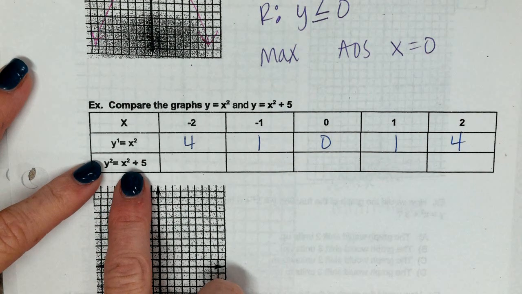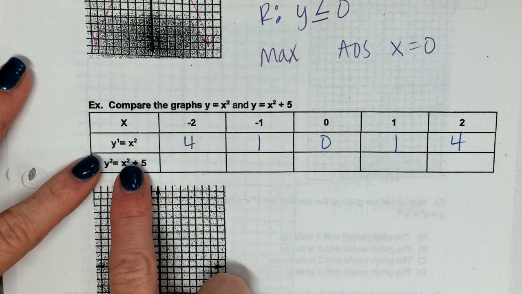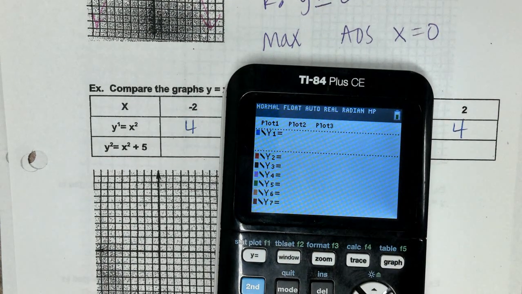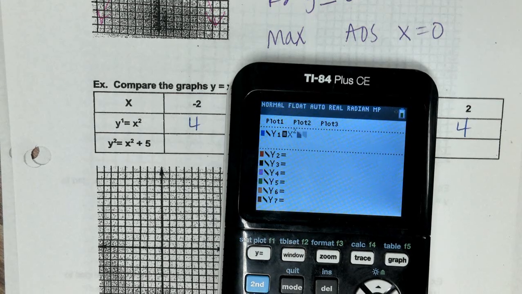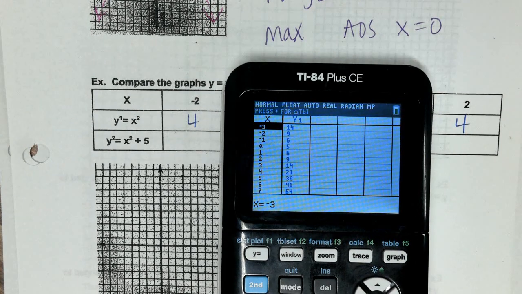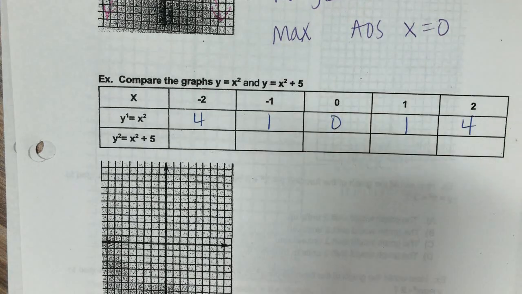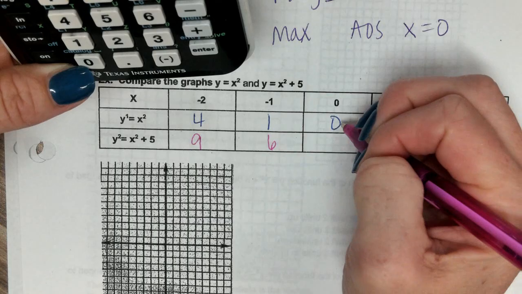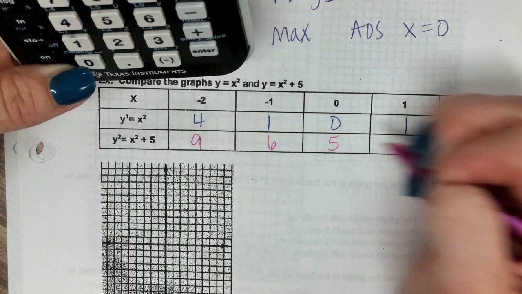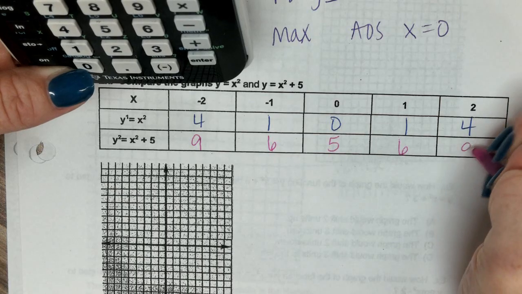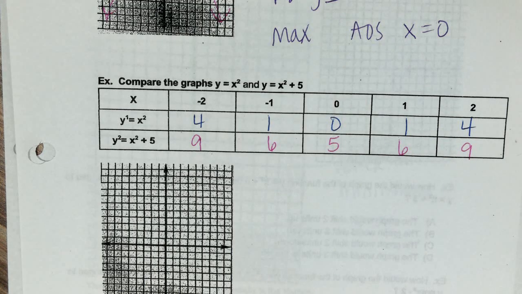Okay, let's see if we can look at what happened. Everybody go put that in your calculator. I'm going to put in x squared plus 5 and fill in my table. When x is -2, y is 9. And then go graph both of them.